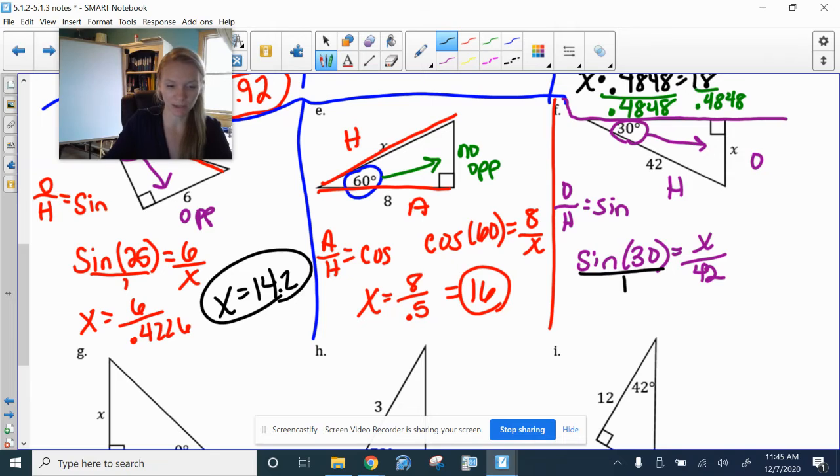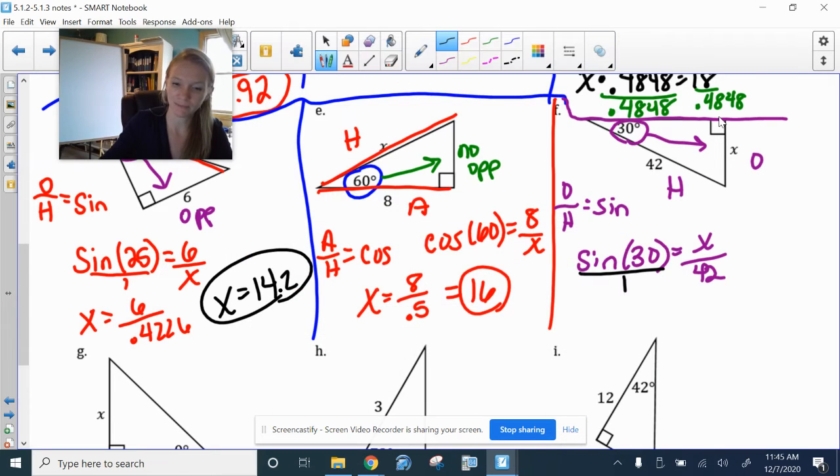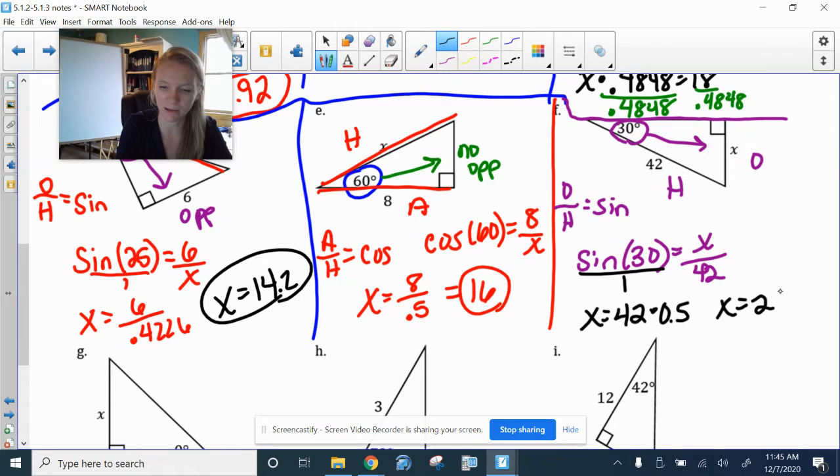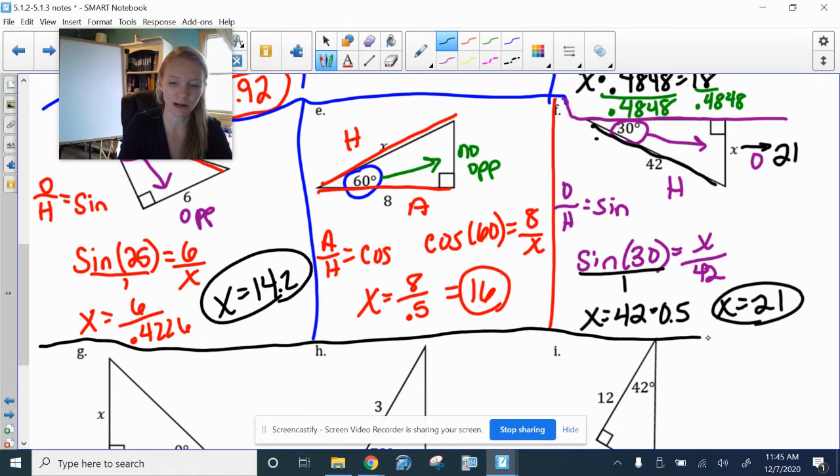I just need to figure out what the sine of 30 is, and I'll multiply that. So sine of 30, oh, look at that, I get 0.5 again. So I'm really just going to multiply 42 times 0.5, which tells me that x is going to be 21. Here I know that that side has to be smaller than 42, smaller than the hypotenuse. So that gives me a little guarantee that I did my answers correctly.